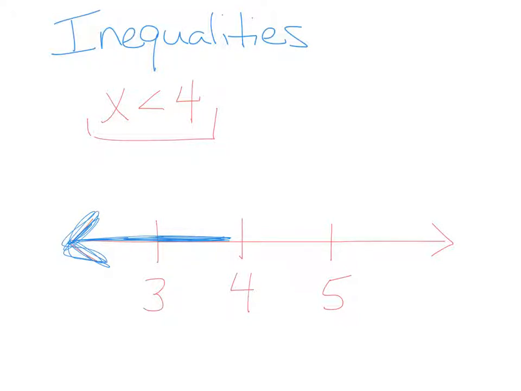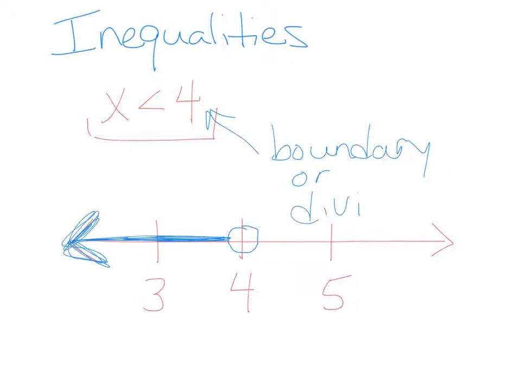Now here's the tricky part, because I need a dot on the 4. That is called the boundary point, or sometimes the dividing point, because it divides your number line into 2 parts. So it's either called the boundary point or the dividing point. Now notice how that circle is open, it is not filled in, and that's because it's not equal.